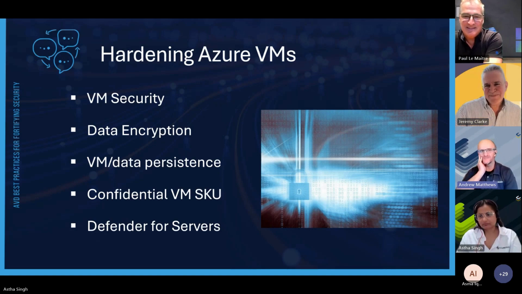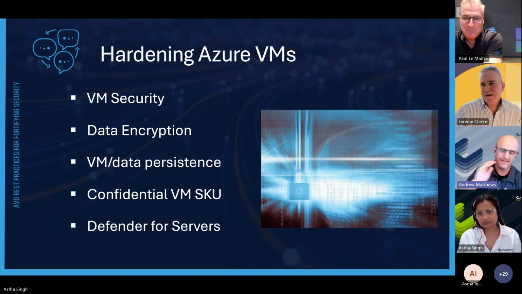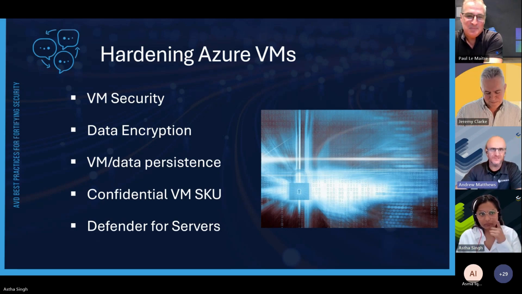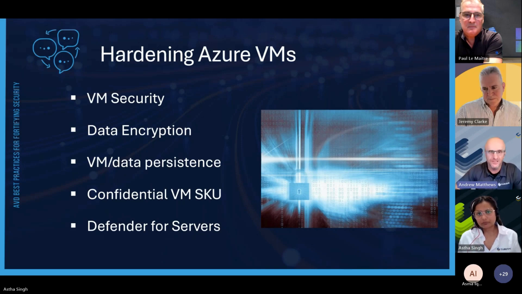Hardening Azure VMs, and a lot of this would apply to the domain controller that I spoke about before when we were talking about extending AD into Azure. When I'm talking about VM security, just to make this clear, I'm talking about hardening the Azure VMs at the Azure resource management layer, not in the OS. The OS itself is the next slide.